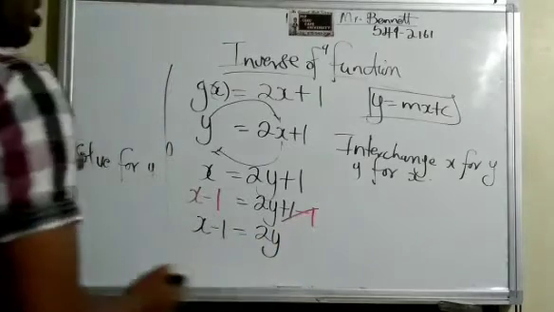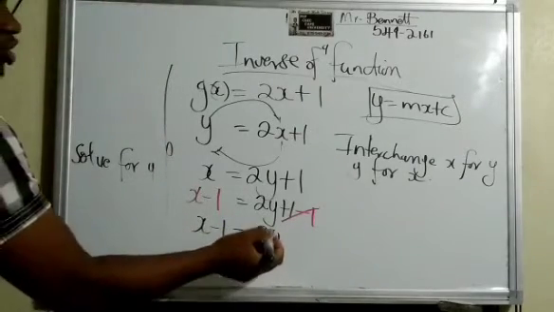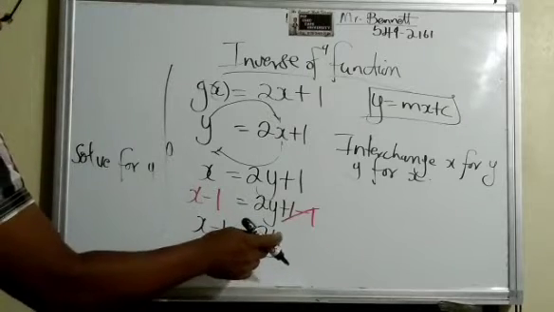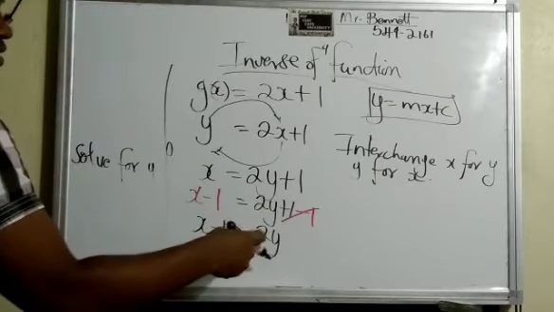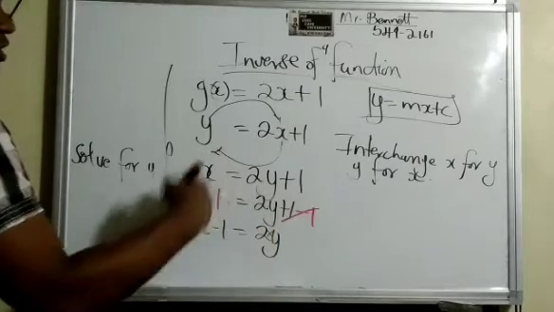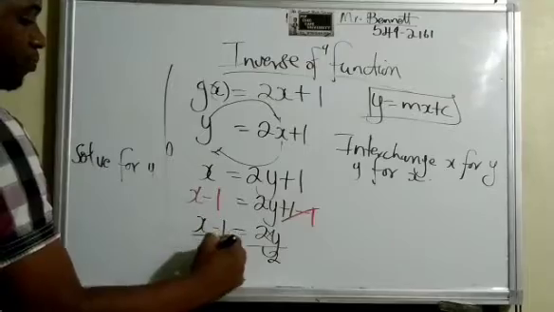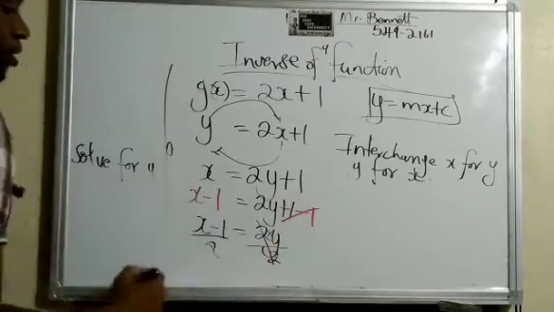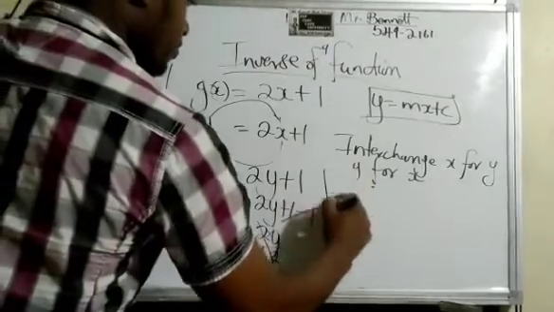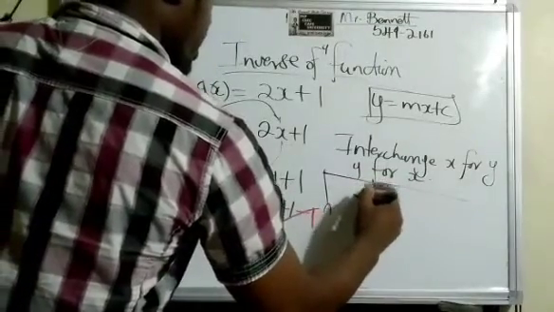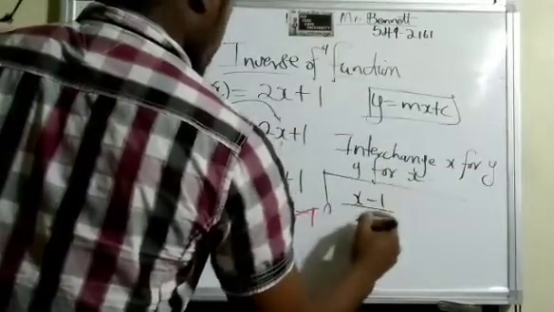What this means is 2 times y. In order to get y by itself, we have to do the inverse. This is a times, the inverse of times is divide. So we divide by 2. So therefore, the inverse is x minus 1 divided by 2.